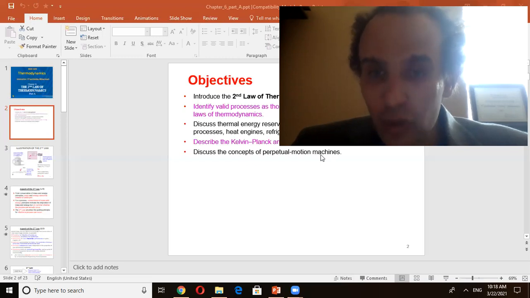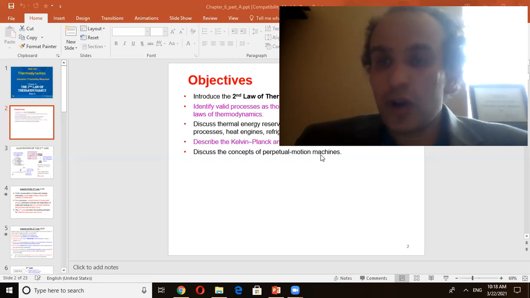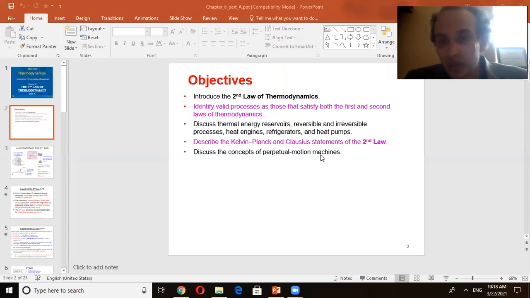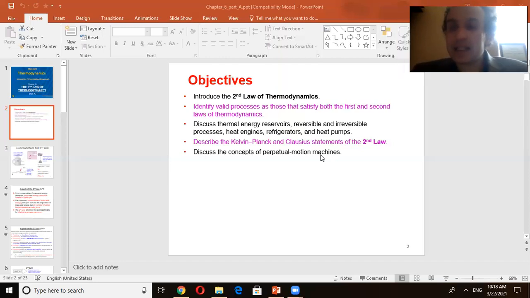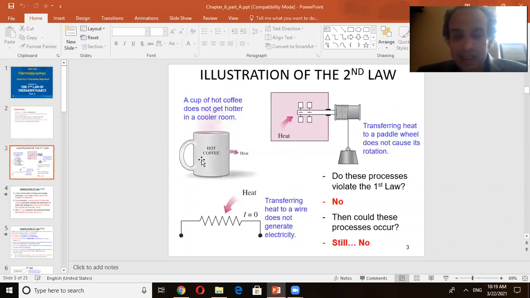So in addition to the first law of thermodynamics, in addition to energy conservation, there is something else that rules nature. And that is what we are starting to talk about. Do you understand? For instance, in the process that I considered here, imagine that it goes vice versa.